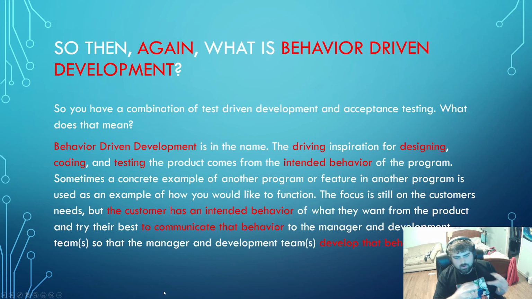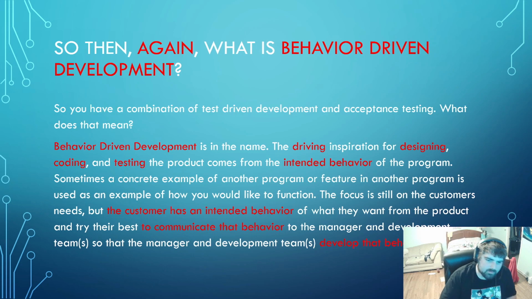You do one feature at a time that meets the simplest way of solving the solution, while also being robust in its refactoring, and you get the intended behavior. Part of it, I believe, comes from the communication between the customer, the manager, and the development team.